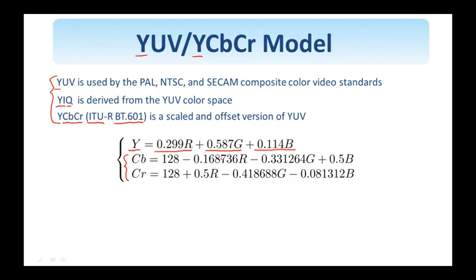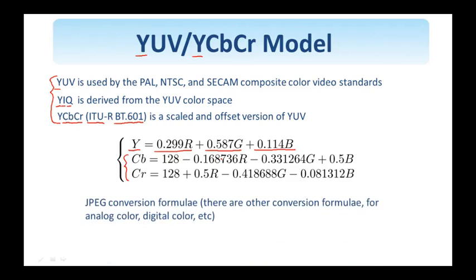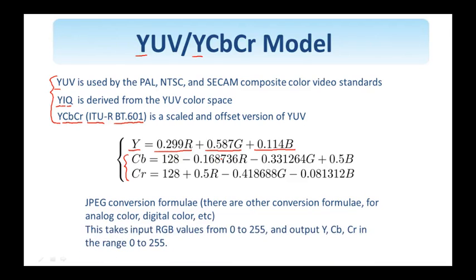Clearly, since there is a linear relationship between YCbCr and RGB, I can solve for RGB in terms of YCbCr. These are the formulas used by JPEG conversion, and in general the RGB values for an 8-bit image are in this range, and the chrominance and luminance components are also in this range.